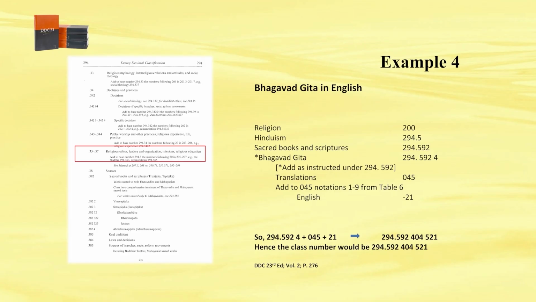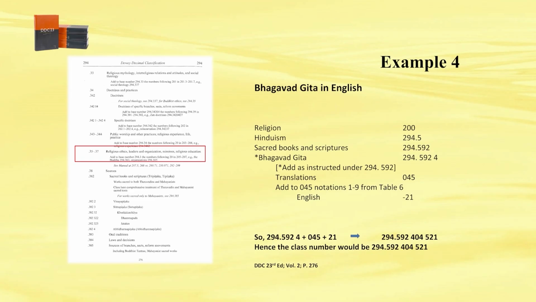Hence, we have found the number for English, that is 21. So, the synthesis of the number will be 294.5924, then 045 for translation and 21 for English, that we have found in Table 6.